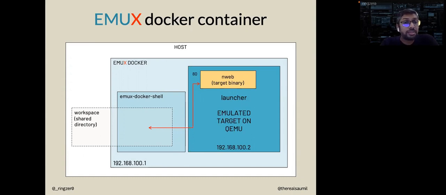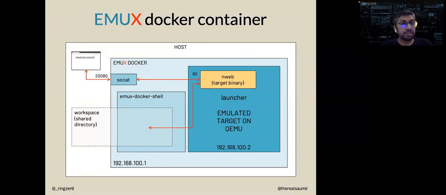If you wish to access the web server using a browser on your desktop, then you don't have a browser running in the Docker container. You'll have to use a browser that is present on your host. And in which case, you need to be able to reach the web server. This is done by some internal port forwarding that is built into EMUX.